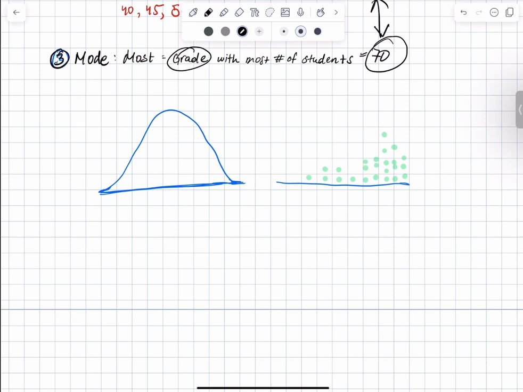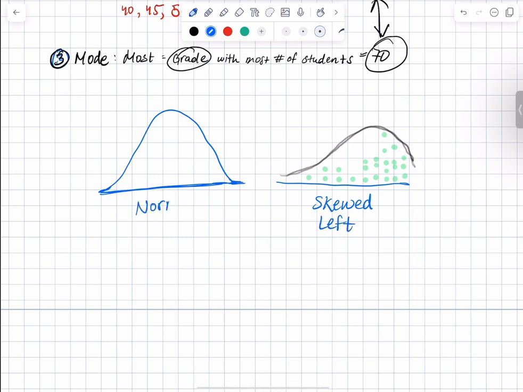So in this situation, the graph is skewed to the left. This is called skewed left. So this is normal, and this is skewed left.